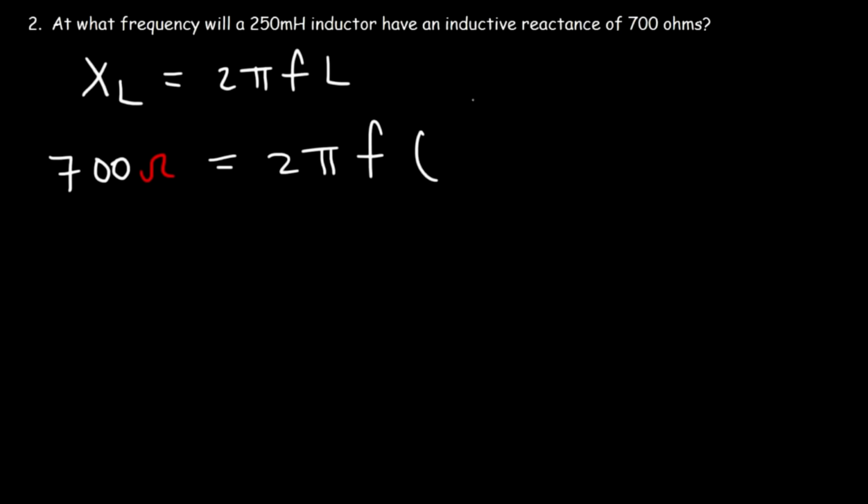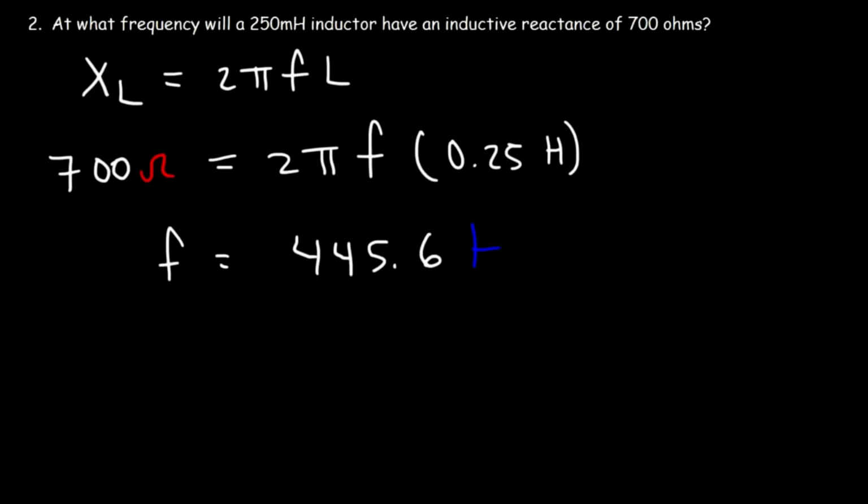So 250 millihenries is basically 0.25 henries. You got to divide it by 1,000 to convert millihenries to henries. So the frequency is going to be 700 divided by 2 pi times 0.25. So it's going to be about 445.6 hertz. This frequency will produce an inductive reactance of 700 ohms.